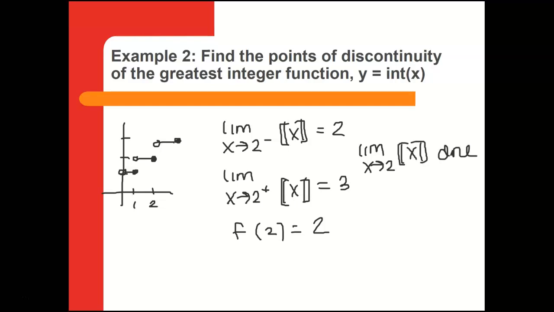So the limit as x approaches 2 of the greatest integer function does not exist. F of 2 is 2. So the integer function is what we call continuous from the right.